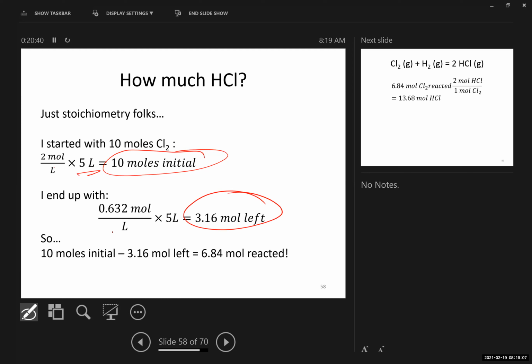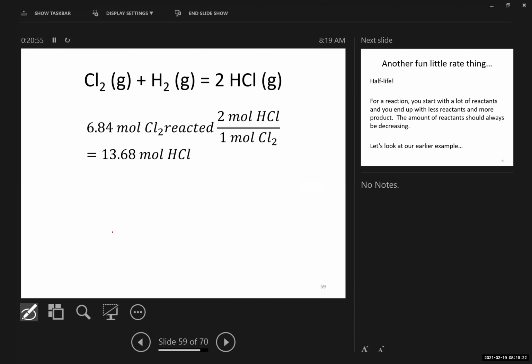So if I started with 10 moles of chlorine and ended up with 3.16 moles, 6.84 moles of chlorine reacted. That, in the context of the stoichiometry of the reaction, tells me how much HCl I made. Because I do get 2 moles of HCl for every 1 mole of chlorine that reacted. It's really not moles of chlorine, it's specifically moles of chlorine that reacted.